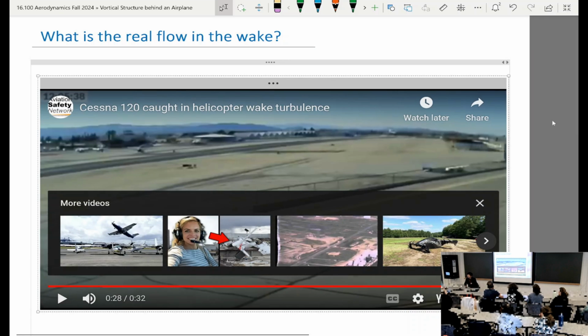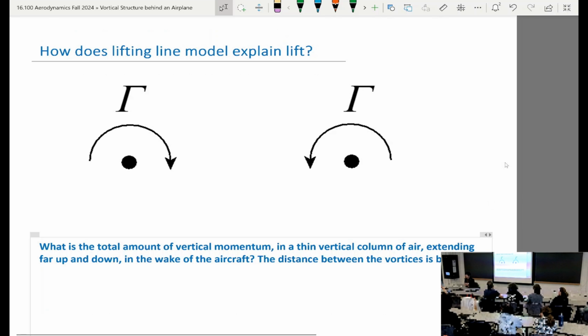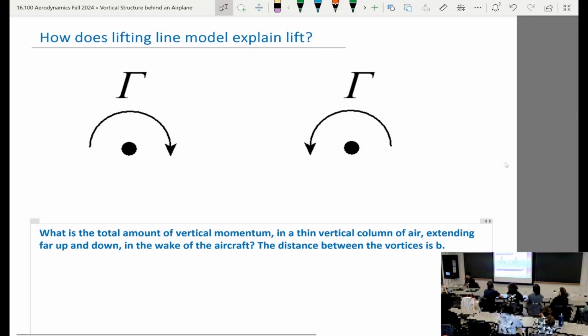Now we're going to look a little bit into how strong these vortices are. To understand how strong these vortices are, we actually need to link the strength of the vortex to how much lift the airplane is getting. And this analysis is going to be very similar to the model we looked at last week.